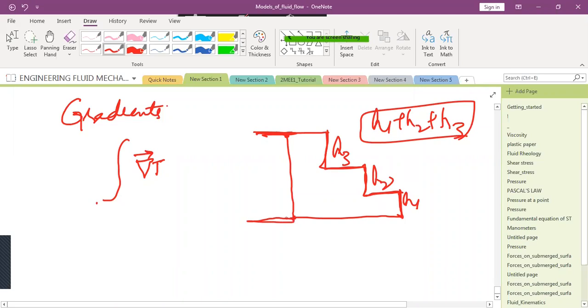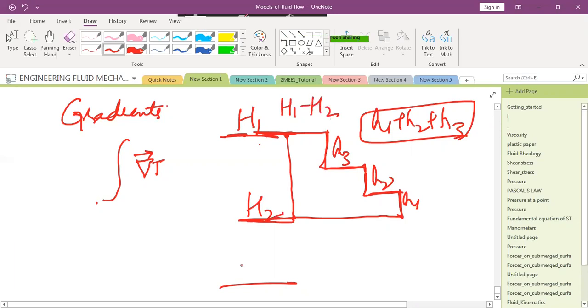You measure this height from a datum, you measure this height from a datum. You simply subtract the two. So this was a capital H1, this was capital H2. So you know that H1 minus H2. So this is the other way.